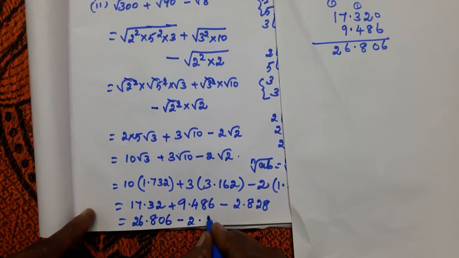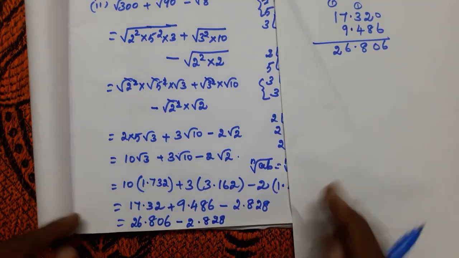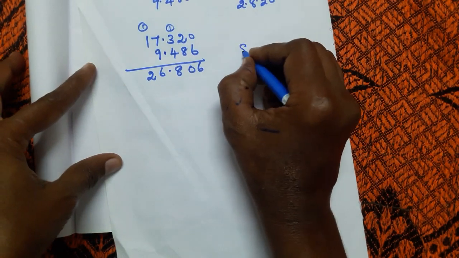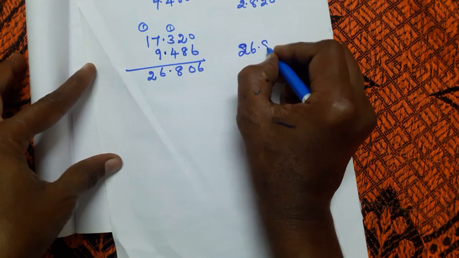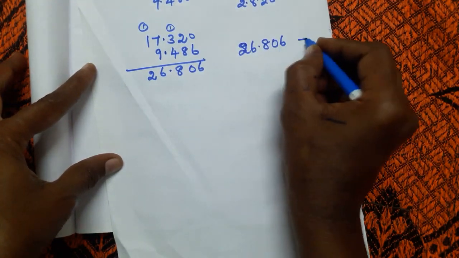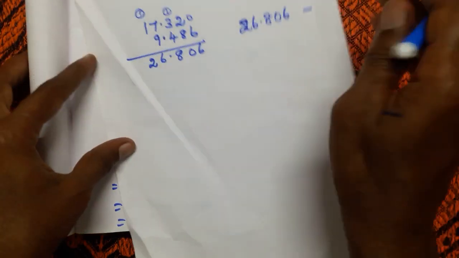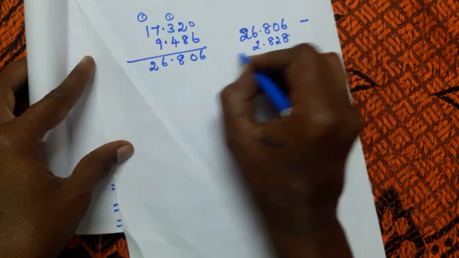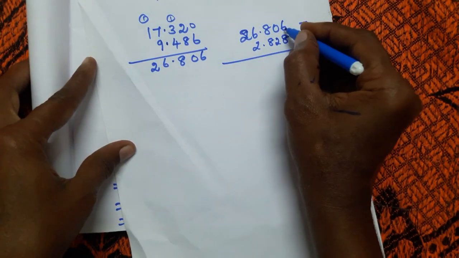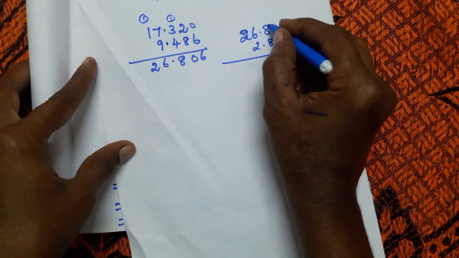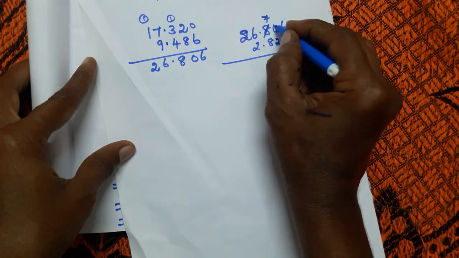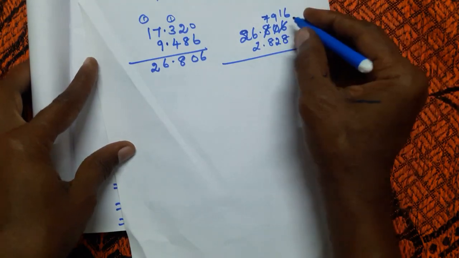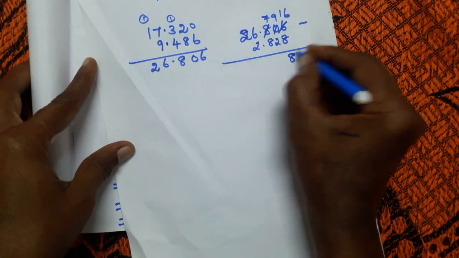Minus 2.828. How do we subtract? 26.806 minus 2.828. Here we cannot subtract, we have to borrow. Here 7 will be got. Here what will be got? 9. Here 16 will be got. 16 minus 8, 8.